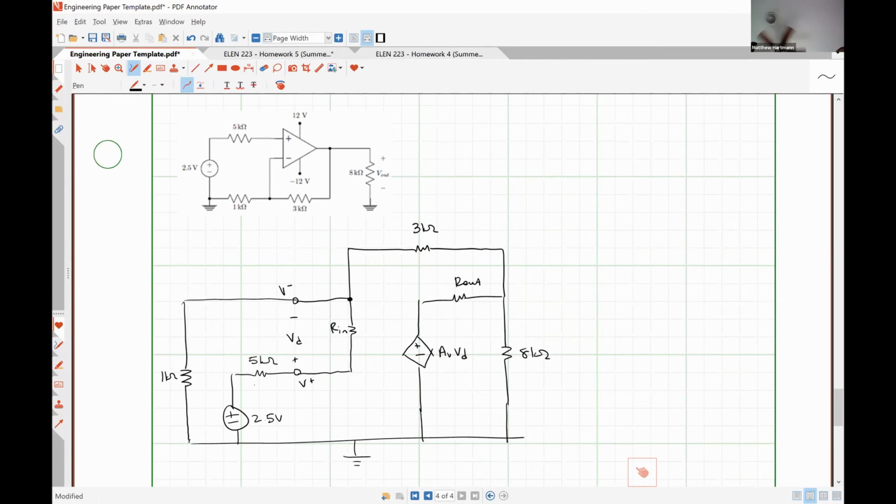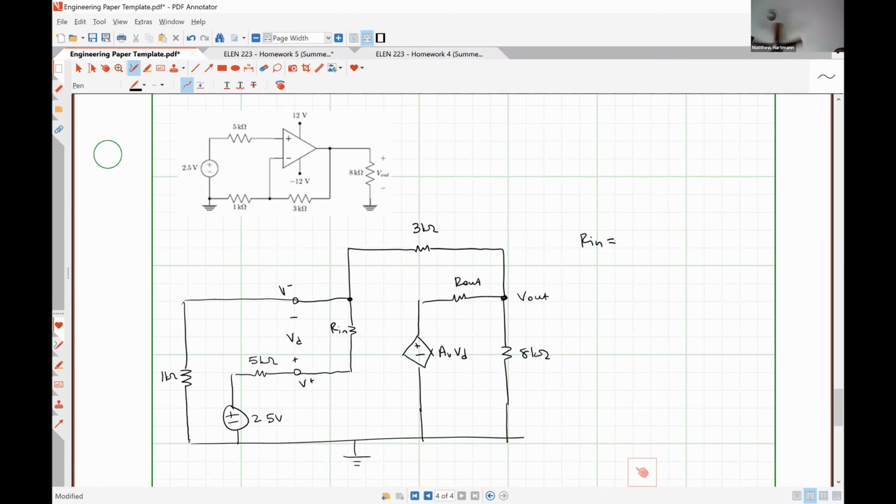I should have a 3 kilo ohm resistor between the inverting input terminal and the output terminal, which is right here. Between the output terminal and ground, I have an 8 kilo ohm resistor, which I have drawn. So really, I just need to know what RN, ROut, and AV are.